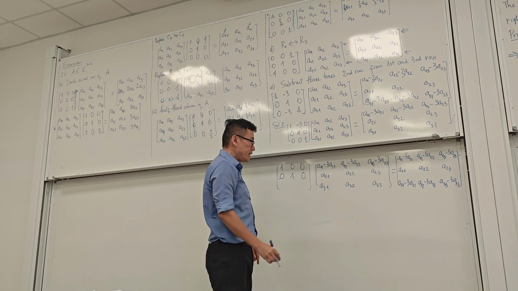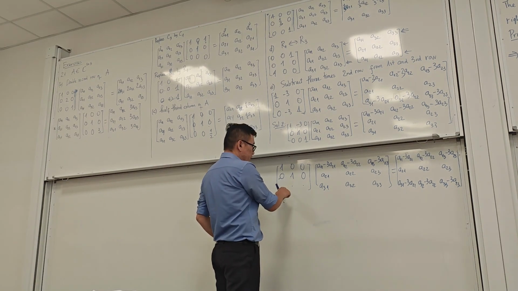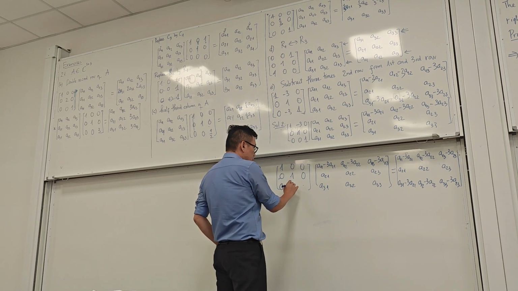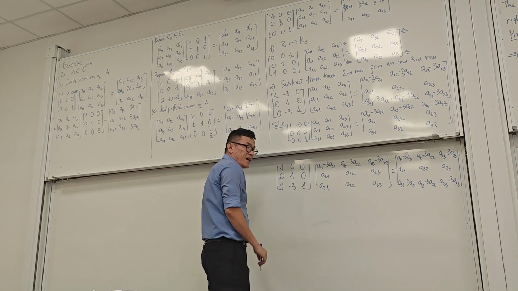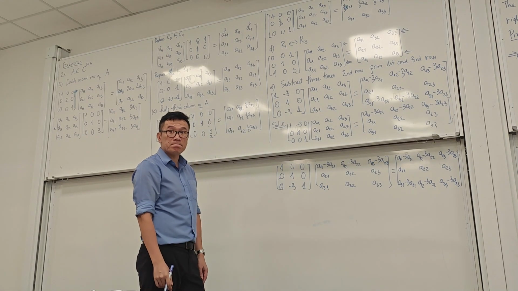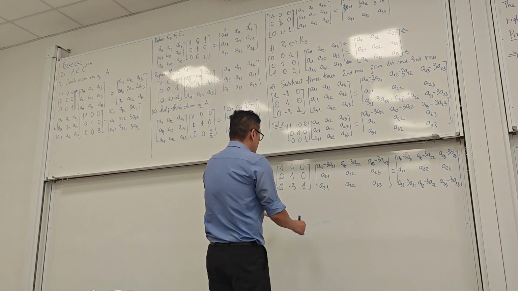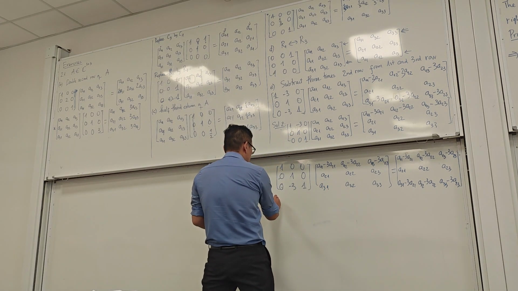Is it okay? Now, this one multiplied with this one, I should have this row minus 3 times the second row. So this is 0, minus 3, 1. Can you see that? Yes? Okay, so now, if I combine these two together, I rewrite this matrix.